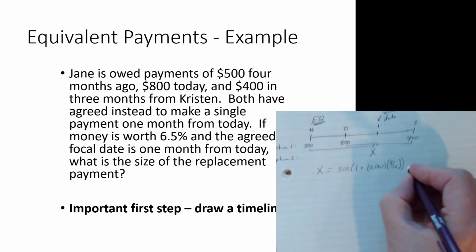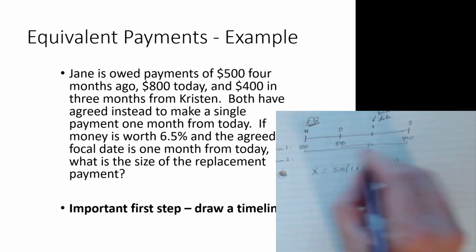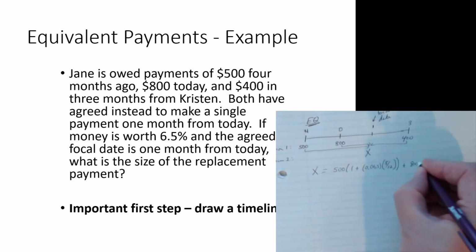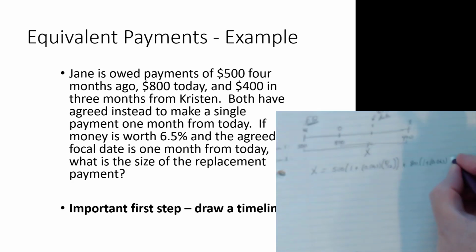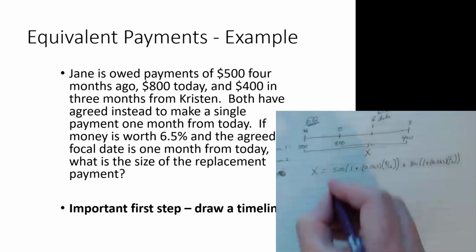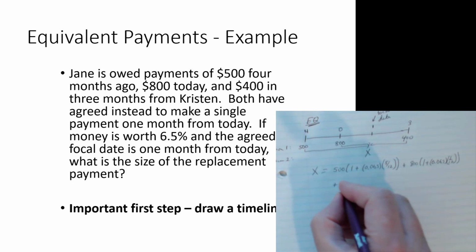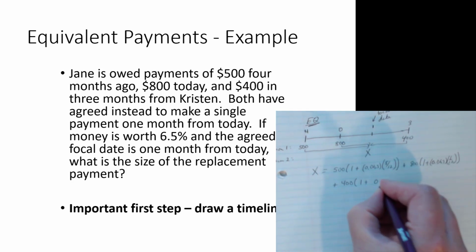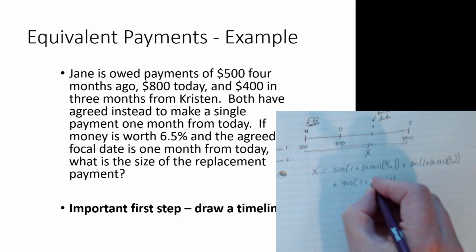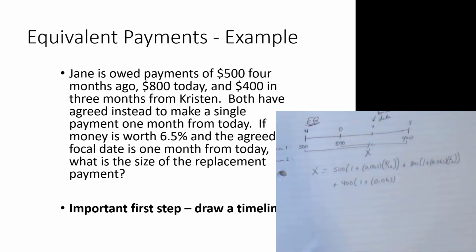And close that bracket. Add to that the $800 times (1 plus 0.065) to the power of 1/12, one month into the future. And then add to that the $400 times (1 plus 0.065), and that goes back 2 months.